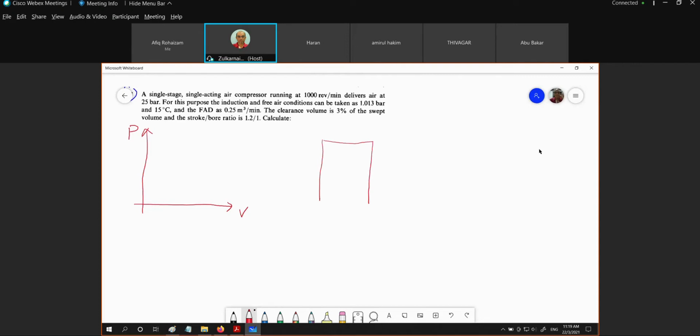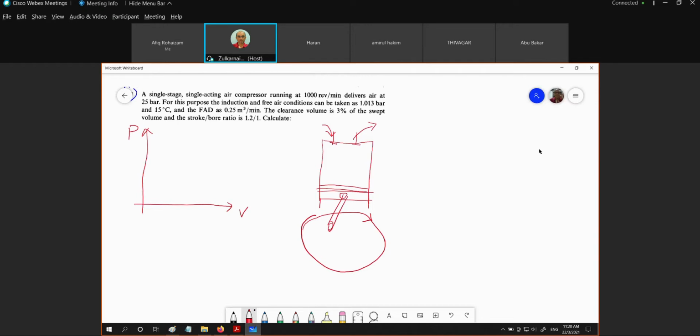This is the intake, this is the delivery. So this is our piston. This should be our crankshaft. Okay, crankshaft is rotating. Right. Single stage. So we have sketched this for a single stage.